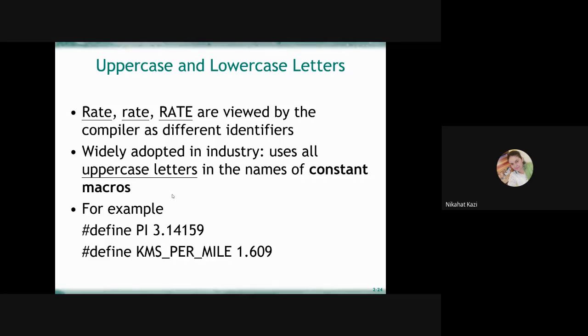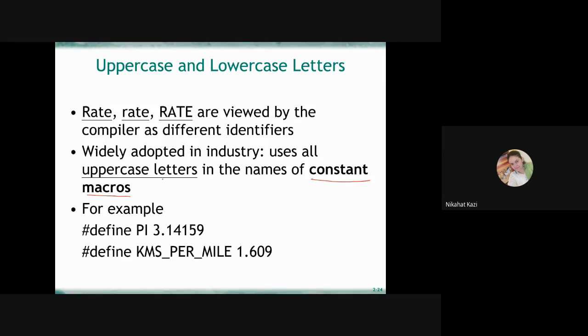So rate, Rate, and RATE are viewed by the compiler as different identifiers because C is case sensitive, right? This is the naming convention, as I told you. Whenever you are defining constants in your program, you use uppercase letters to define them.